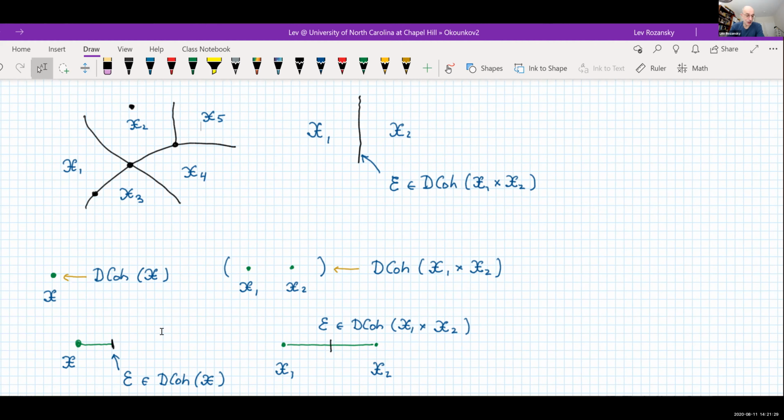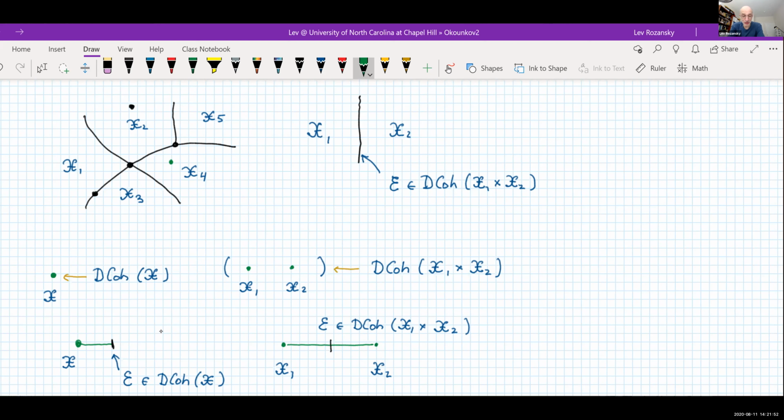Implementing the previous suggestion, a green point is just a point that you choose in one of these domains, in one of these 2 cells. So for example, here. To a point, you should associate a category, namely coherent sheaves over the variety in which domain this point resides.